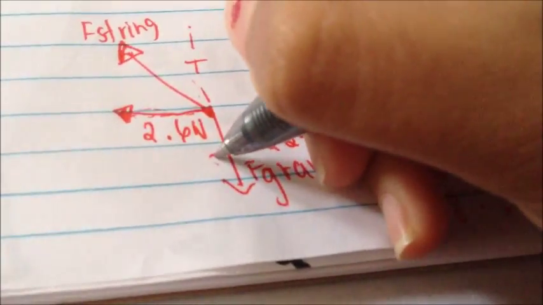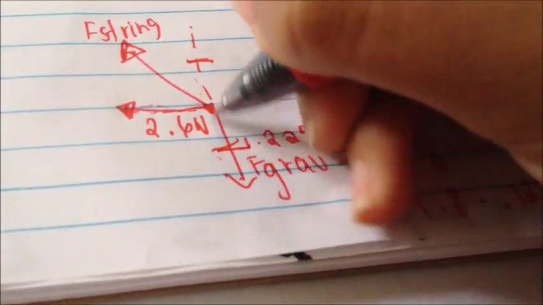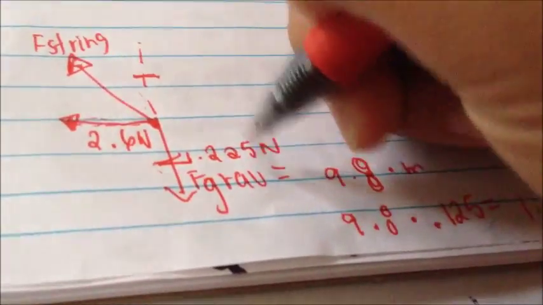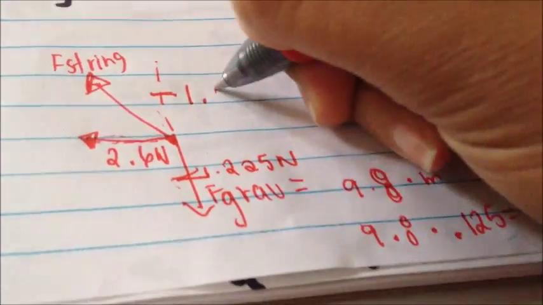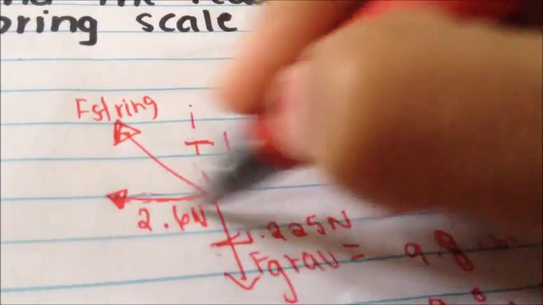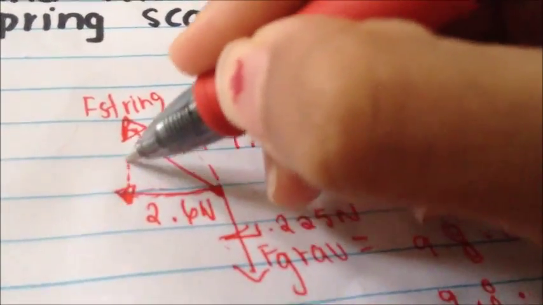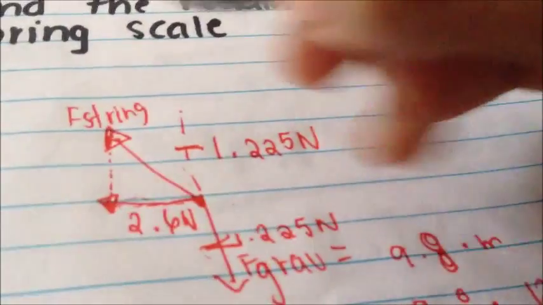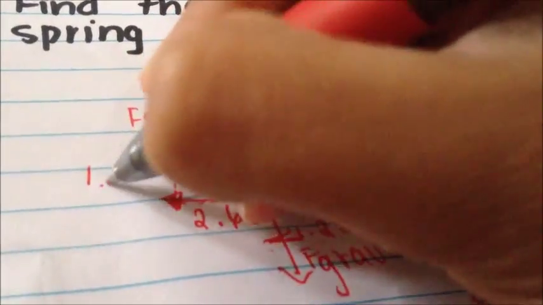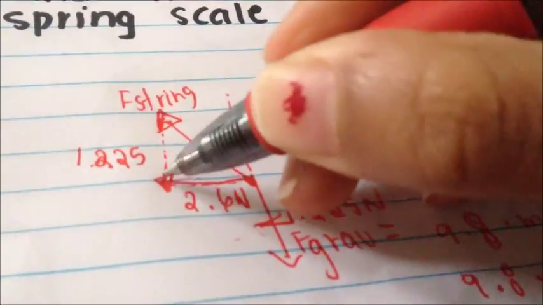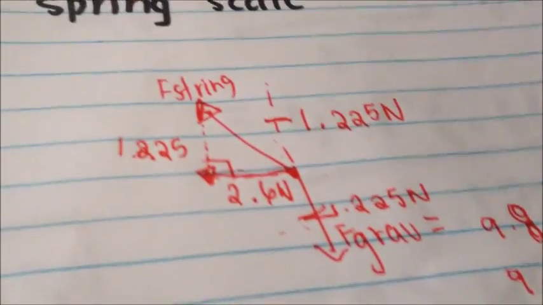Now we have these two congruent symbols, which means that this is equal to this. So since we know that this is 1.225, we know this is also 1.225 newtons. Now we know this and we know this, which is the same as this since they're just the same line. So 1.225. Now what we have here is a right triangle that we can solve.